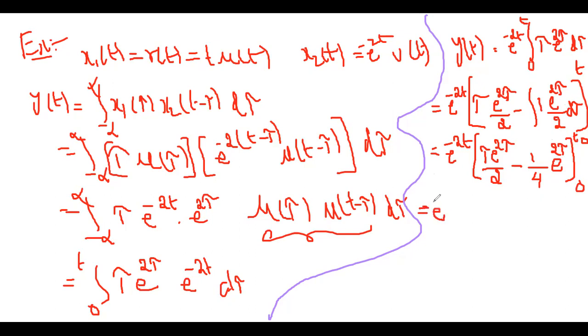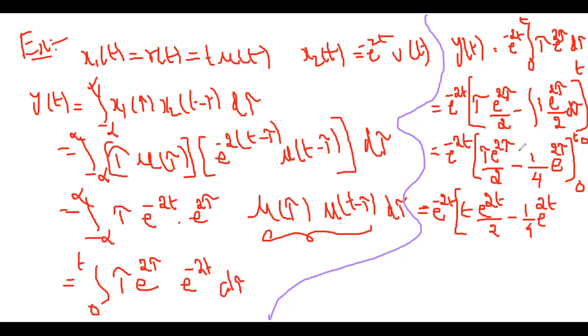So take the e power minus 2t as a multiplication factor here. Substitute the upper limit first of all. Tau is t, e power 2t by 2, minus 1 by 4. It is not the tau, my dear students, it is the t only: e power 2t minus 1 by 4 e power 2t.